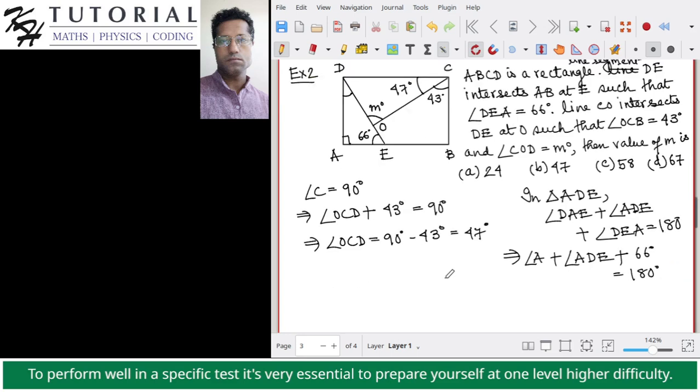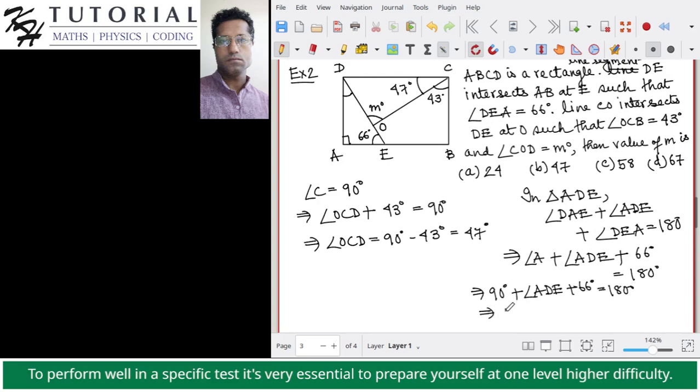So angle A is 90 degrees, plus angle ADE, plus 66 degrees is equal to 180 degrees.